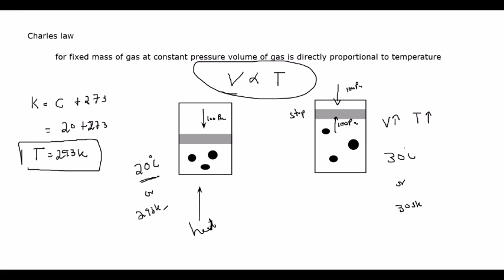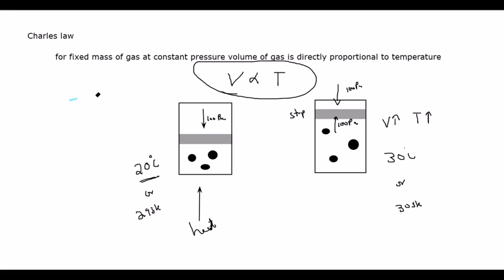When they stop, it means the pressure is again 100 Pascal. So if the pressure remains the same before and after, and we increase the temperature, the volume will also increase. So it will have 3 phases.